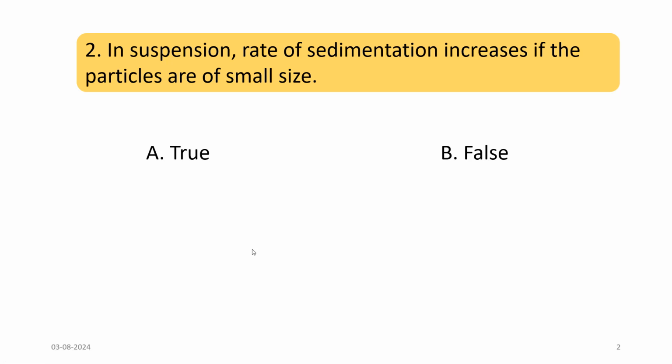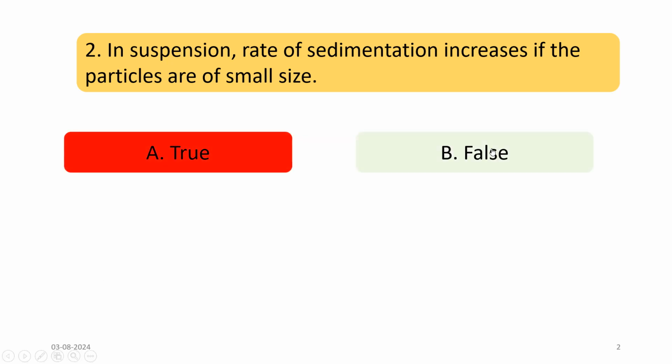Next question. In suspension, rate of sedimentation increases if the particles are of small size. Is it true or false? True. No, it is false, because suspension happens when the particle sizes are bigger.